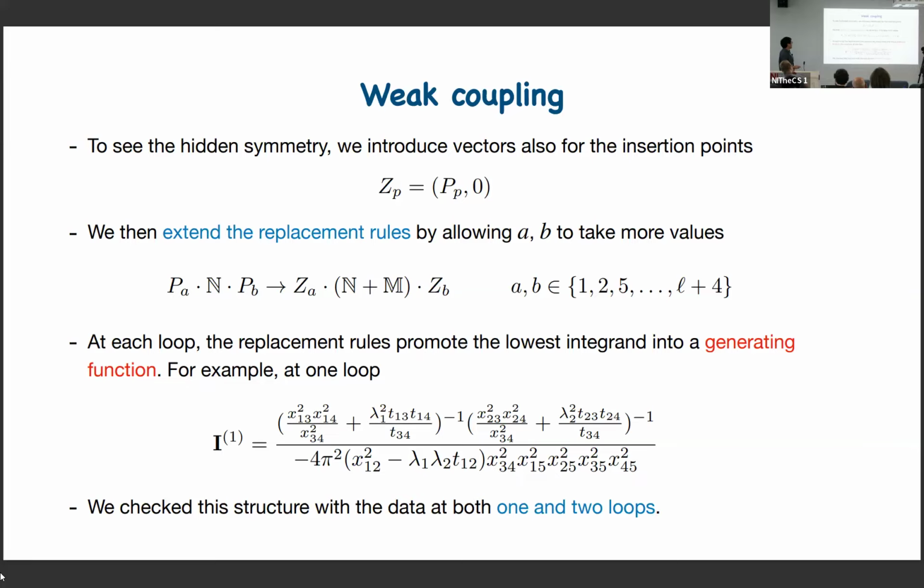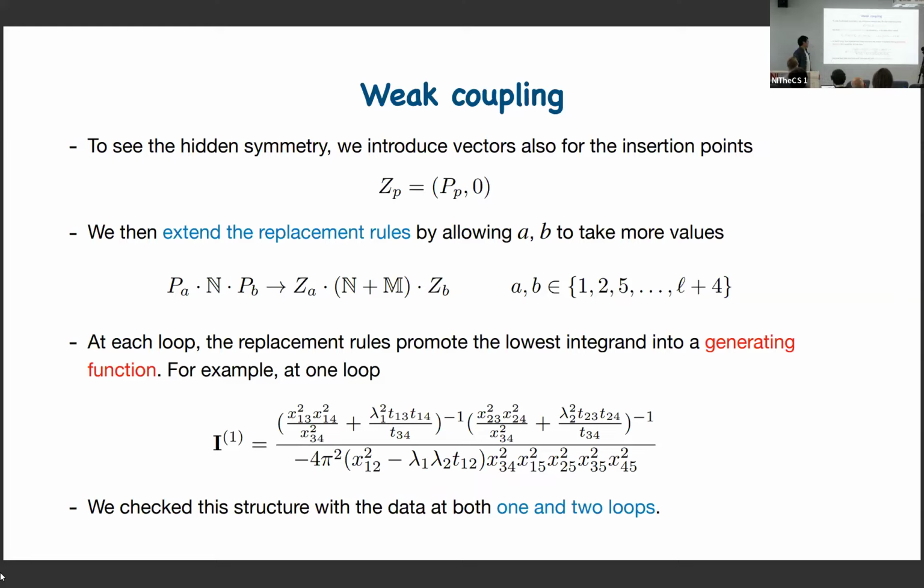Now, how does this prescription work at weak coupling? You also define a 12-dimensional vector for these insertion points, except that the internal part you make 0. Then you extend the previous replacement rules by allowing A and B to be not just 1 and 2, but all the points except 3 and 4, which insert the giant gravitons.